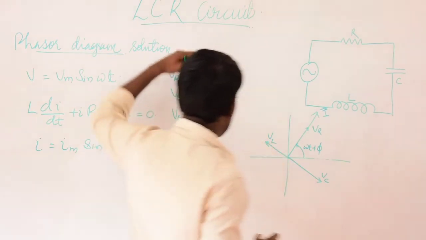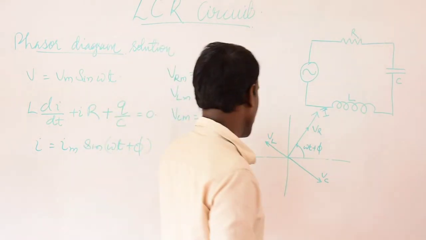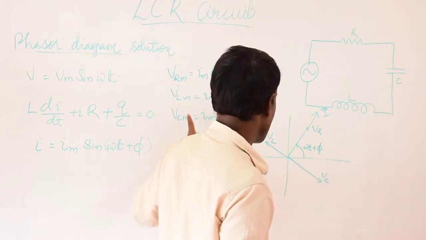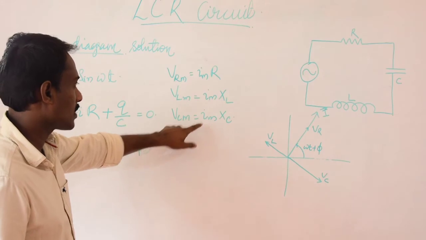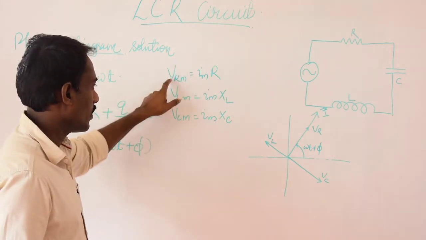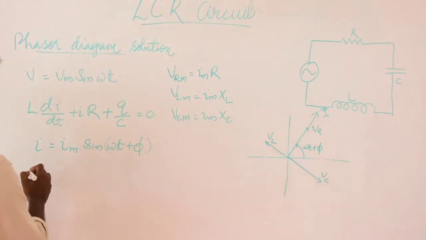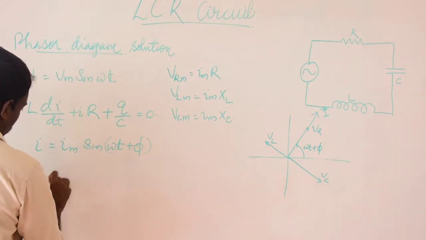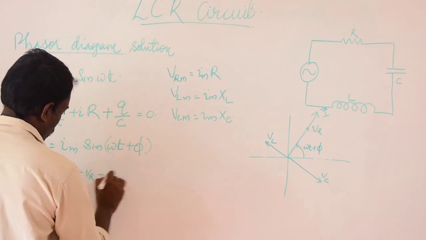So these are the lengths of the phasors for voltage across resistance, inductance and capacitance. The voltage equation can be written as VL plus VC plus VR is equal to V.